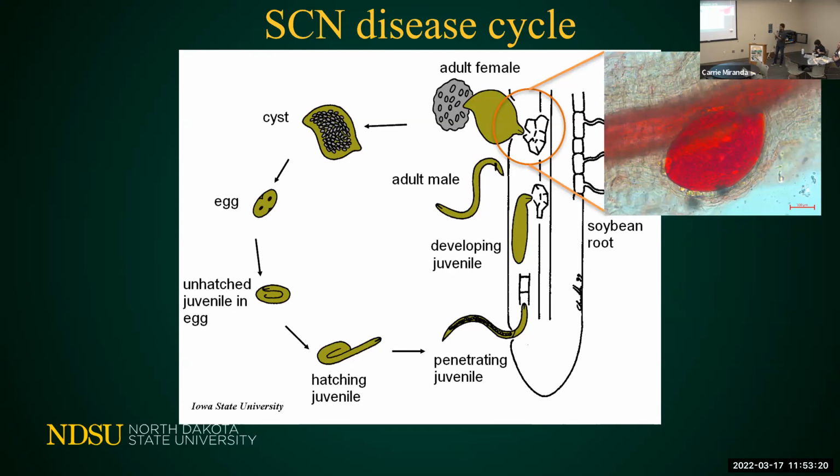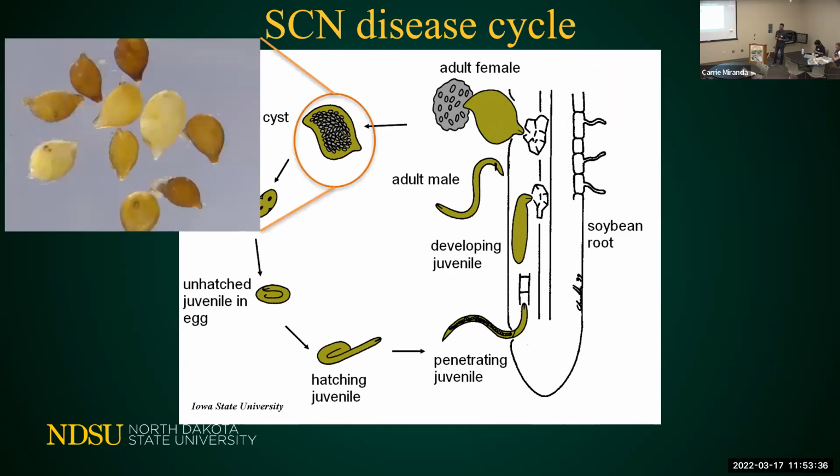I'm showing the white female of soybean cyst nematode, but the male retains the vermiform shape and fertilizes the female once out of the root. When the female detaches from the root and dies, she turns into the brown cyst, which contains hundreds of SCN eggs and juveniles. From the brown cyst, the SCN juveniles hatch under favorable conditions, and again the disease cycle continues.